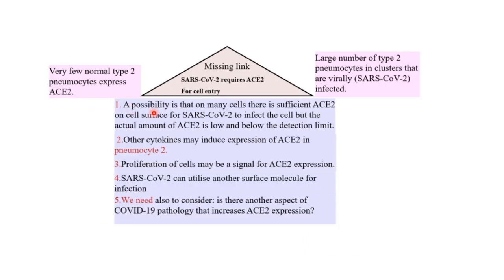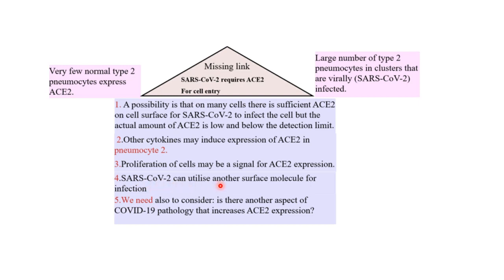A possibility is that on many cells there is sufficient ACE2 on the cell surface for SARS to infect the cell, but the actual amount of ACE2 is low and below the detection limit. Other cytokines may induce expression of ACE2 in Pneumocyte2. Proliferation of cells may be a signal for ACE2 expression.